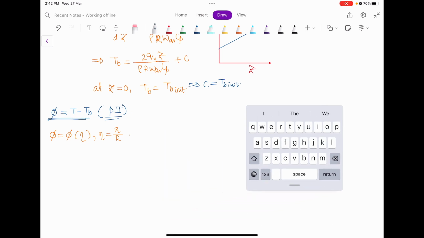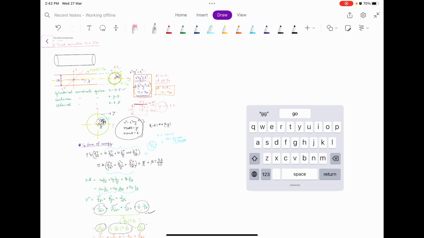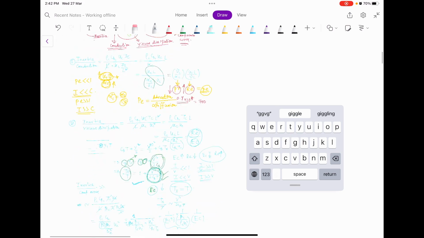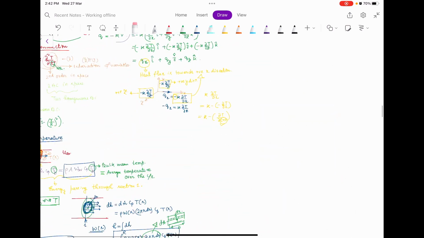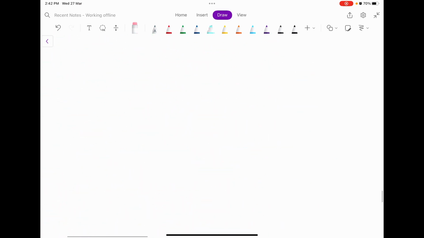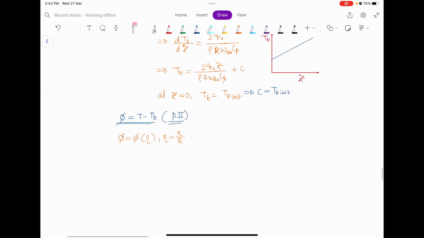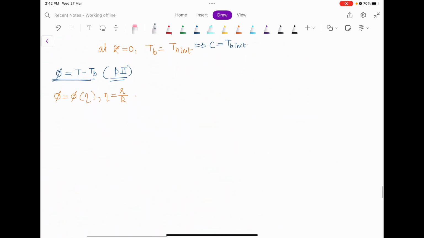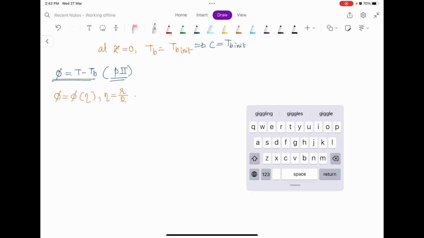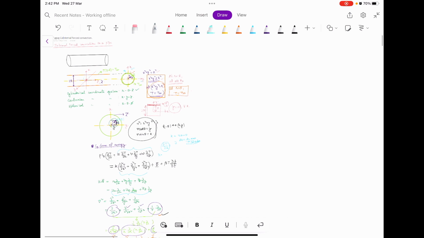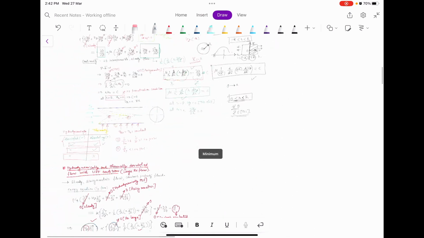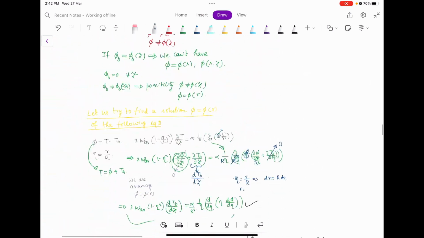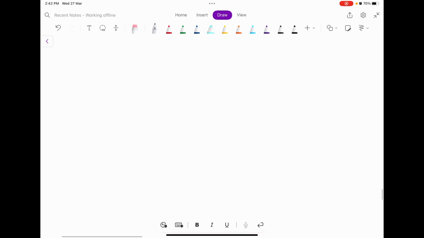Okay, so it is typing there. It is again typing there, right? Okay, so let me write it down other than pasting it.